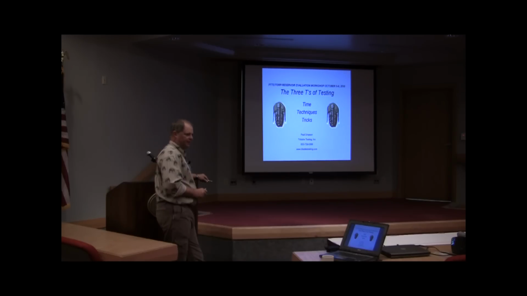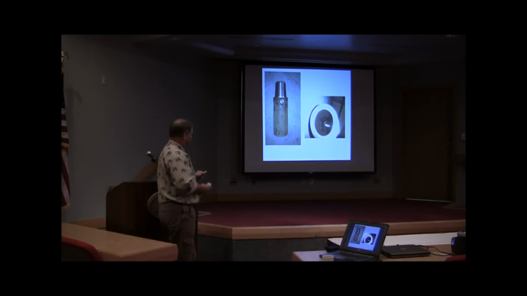But anyway, let me get on into the testing part of it, starting out with just some real basics, on the left hand side there. This is above the tool, a couple stands. That's the circulating sub, and this is the part of the tool that's used to reverse out fluid.